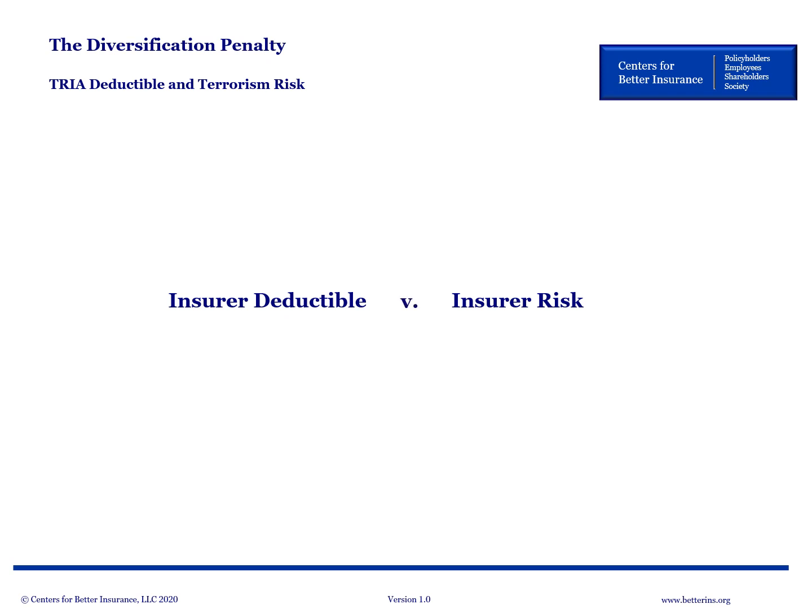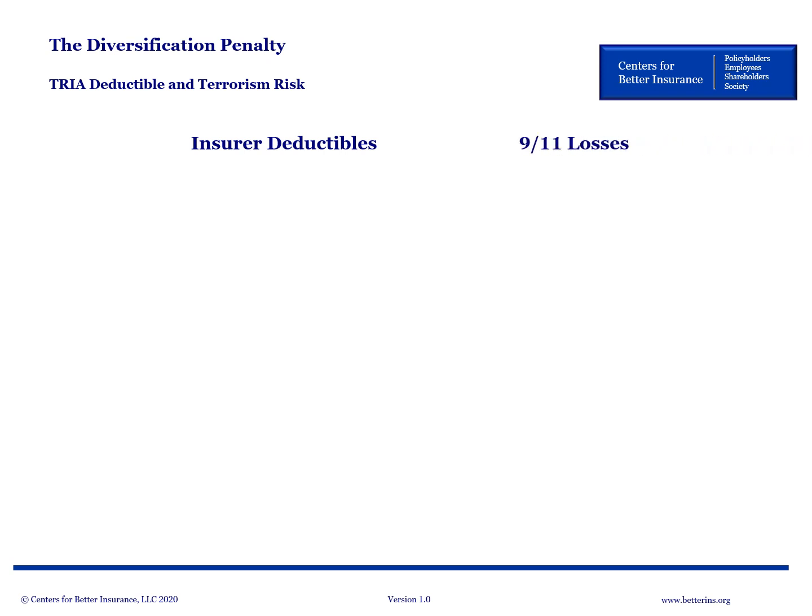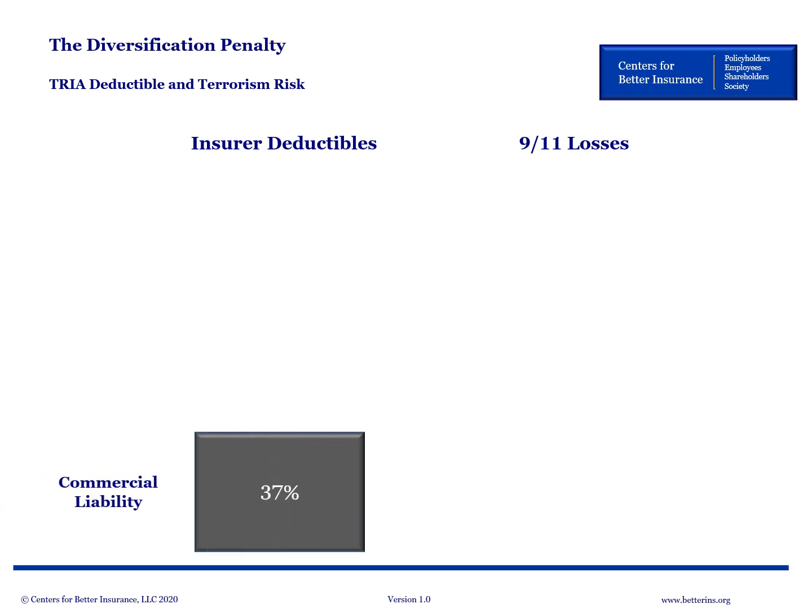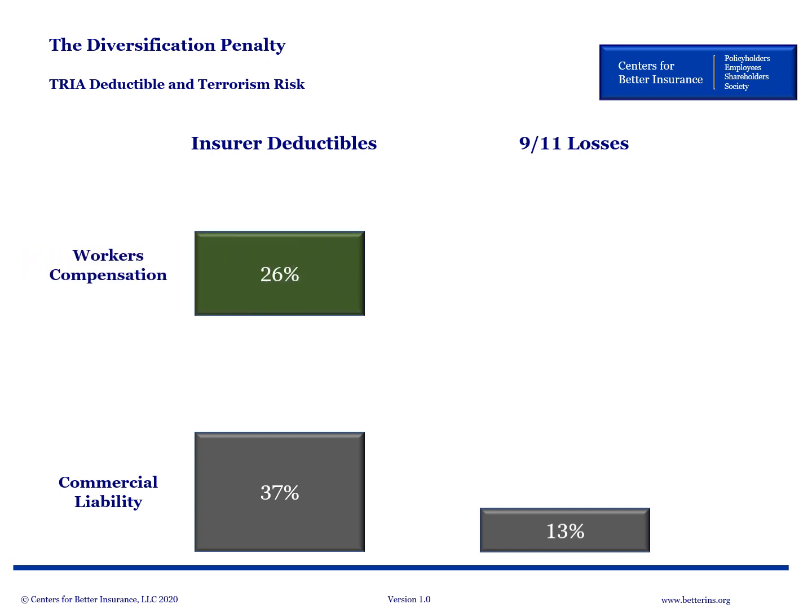Let's compare the lines of business driving up insurer deductibles with the lines of business that sustained terrorism losses from September 11. Commercial liability makes up about 37% of insurer deductibles, but represented only 13% of September 11 losses. Similarly, workers' compensation drives about 26% of insurer deductibles, but only 6% of September 11 losses.